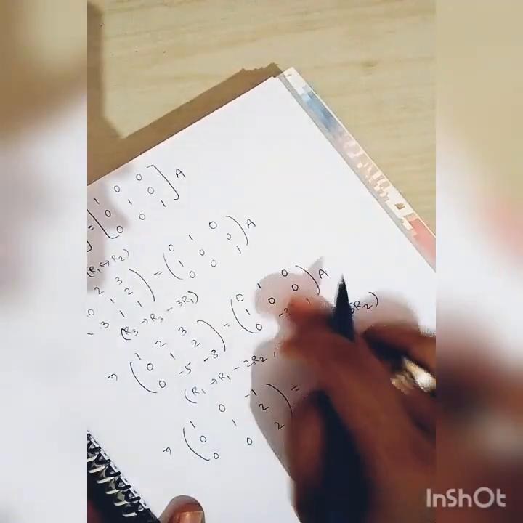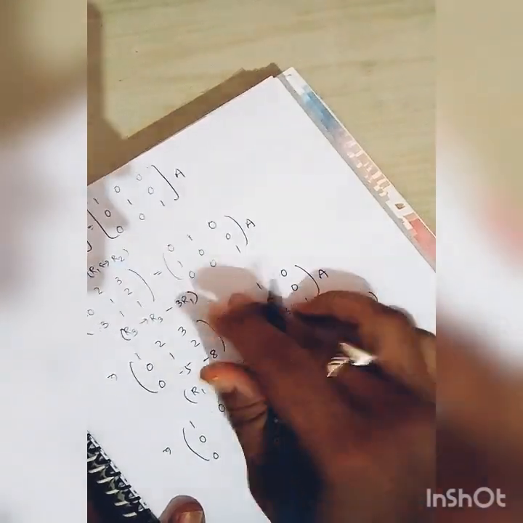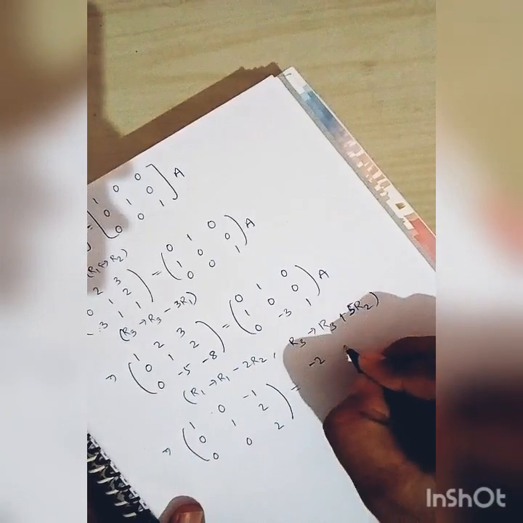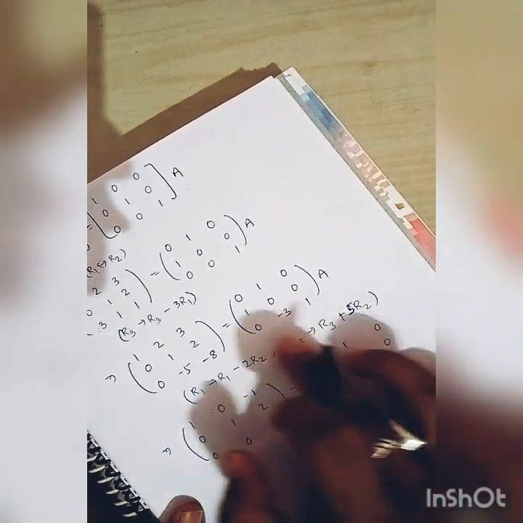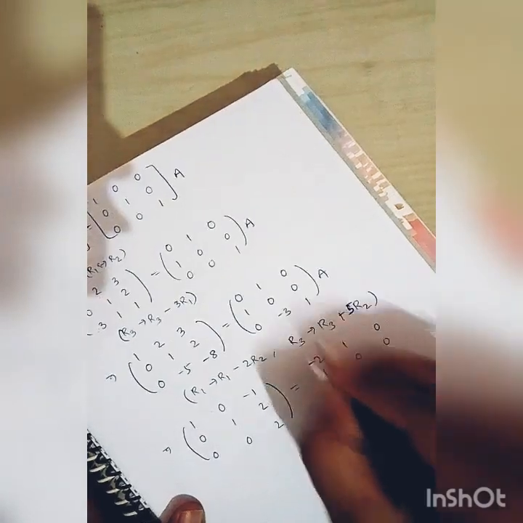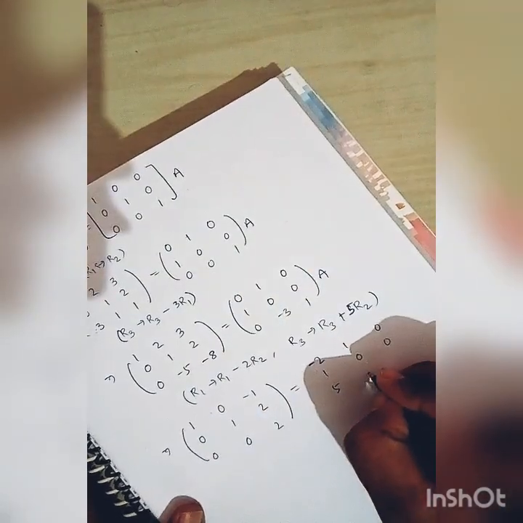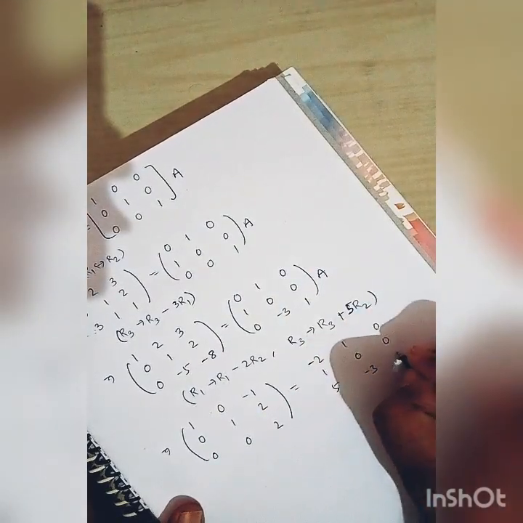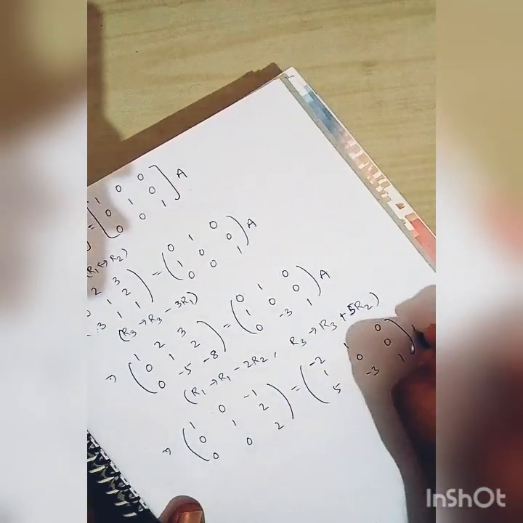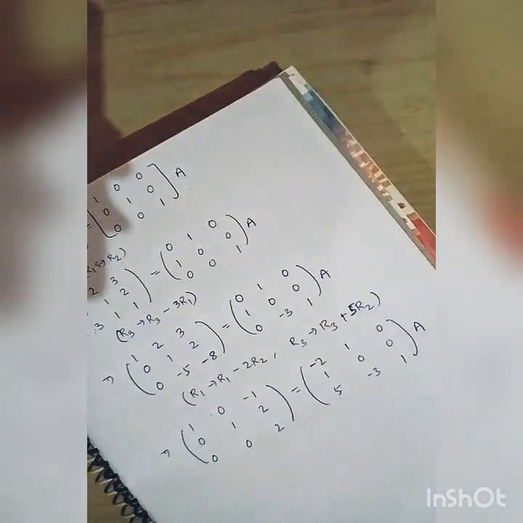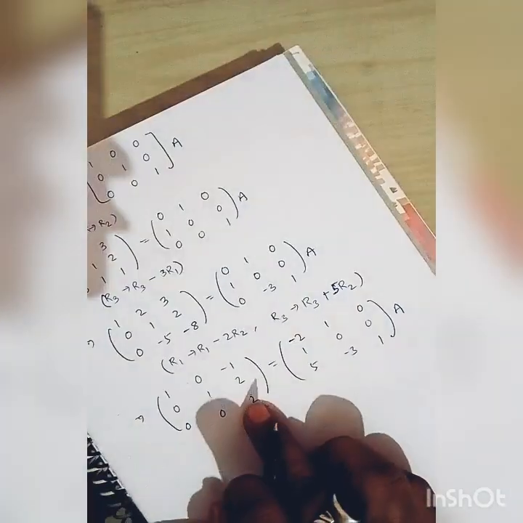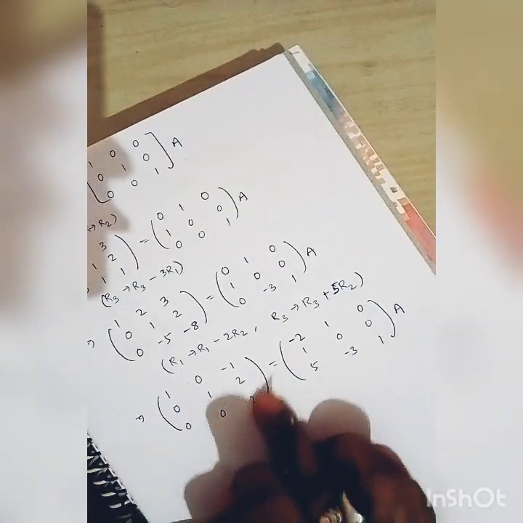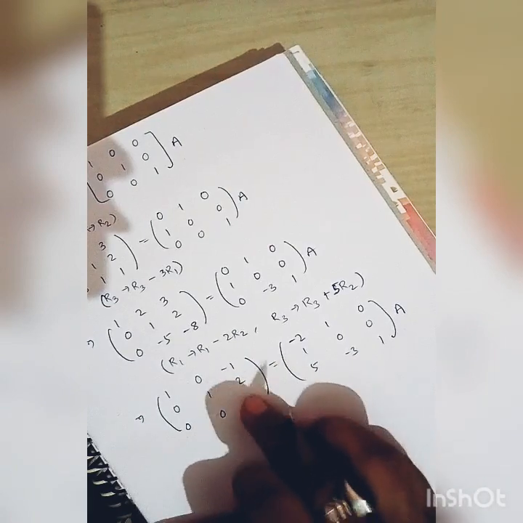On the right side, row 1 minus 2 row 2: 0 minus 2 into 1 is minus 2, 1 minus 2 into 0 is 1, 0, 0. And row 3 plus 5 row 2: 0 plus 5 is 5, minus 3 plus 5 into 0 is minus 3, 1. That is equal to this times A. Column 2 completed, go to column 3. We have to reduce this element to 1, that is, reduce 2 to 1.